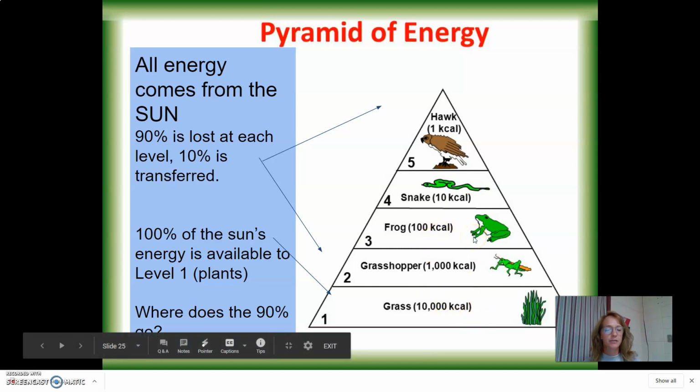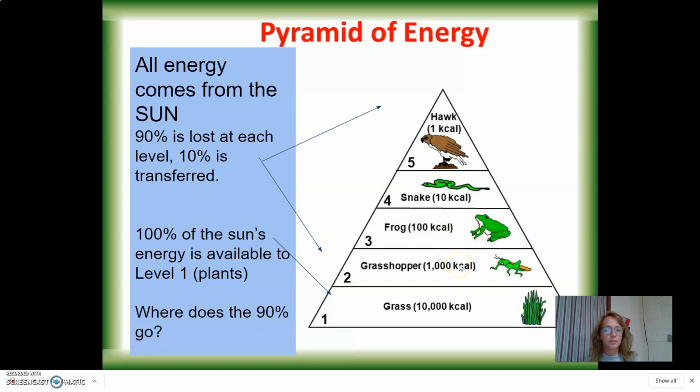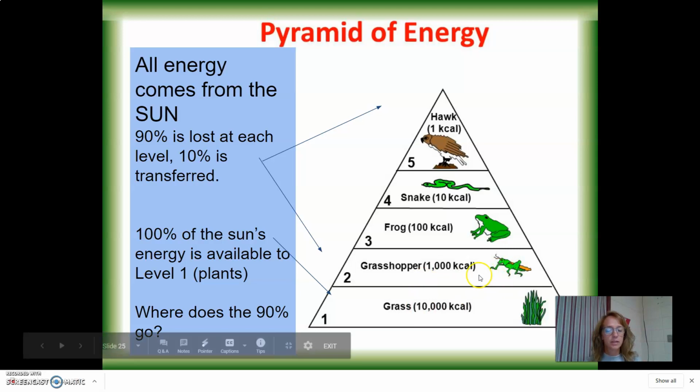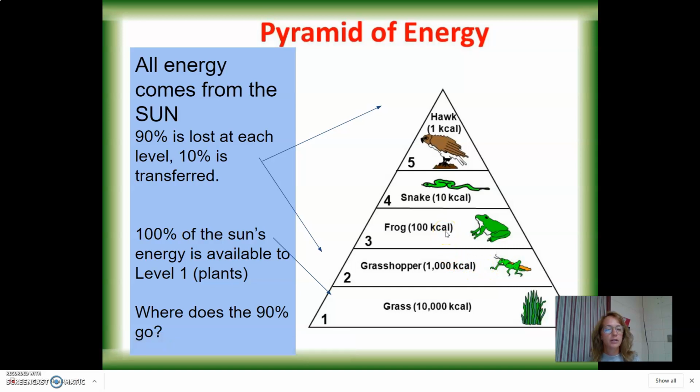The next level of the food chain gets 10% of what's below. So where does the other 90% go? It goes into this organism's life. So the frog eats the grasshopper. The frog only gets 100 calories from the grasshopper, even though the grasshopper in its lifetime has eaten 1,000 calories. Okay, this is just showing relative amounts.